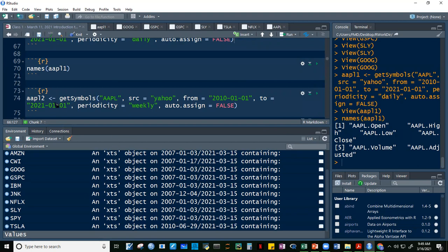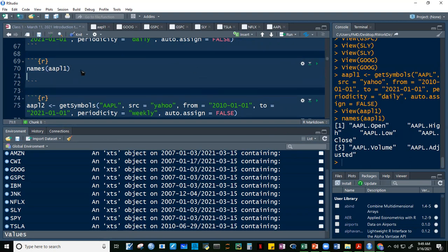Okay, let's experiment. How about AAPL2? Okay, so before we do this, we can of course use, pwede natin kunin yung head ni AAPL1. Or, i-subset natin AAPL1.